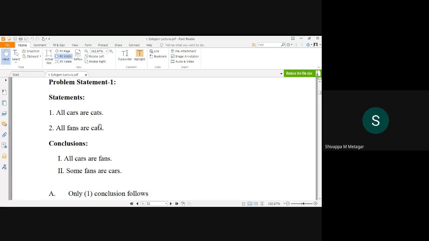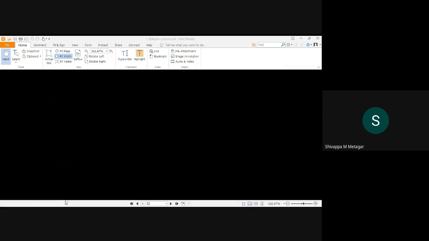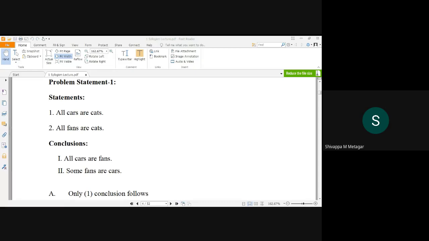Based on the statements you have to draw the solution. How do we draw it? I will share one more, I will share the entire screen.